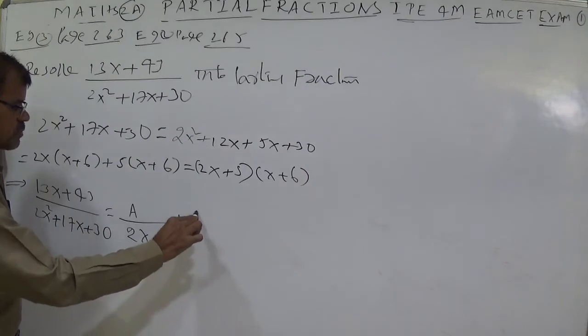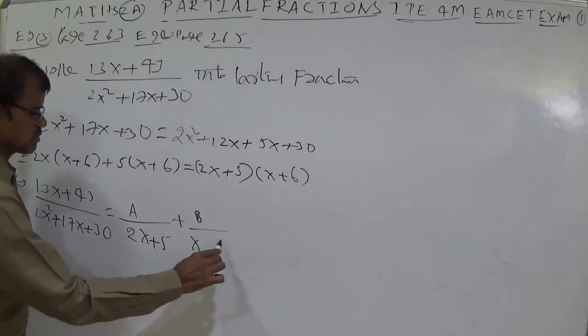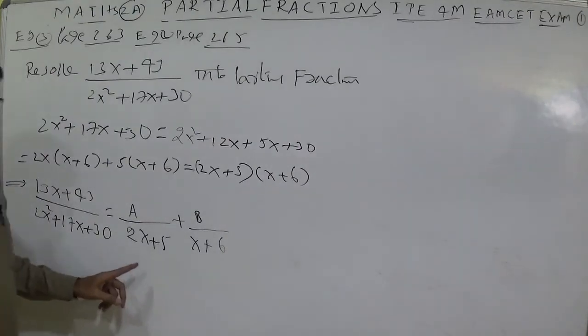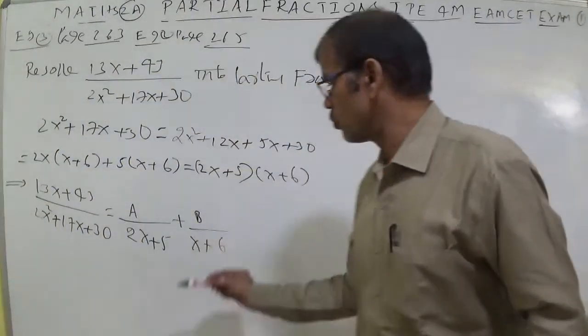A by 2x plus 5 plus B by x plus 6, because the quadratic polynomial splits as two monomials.